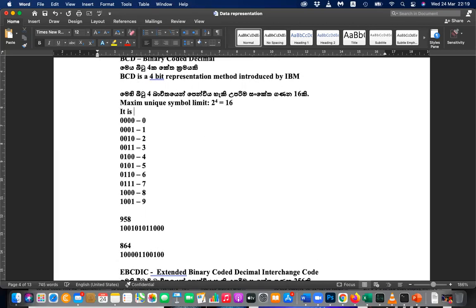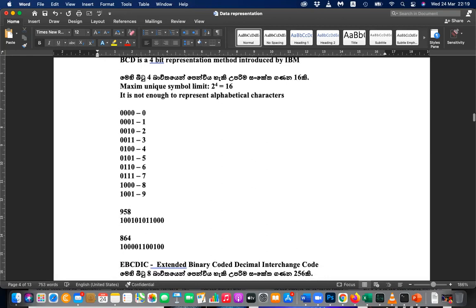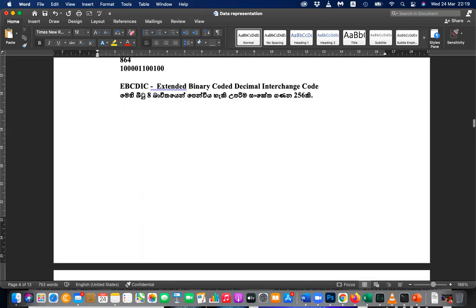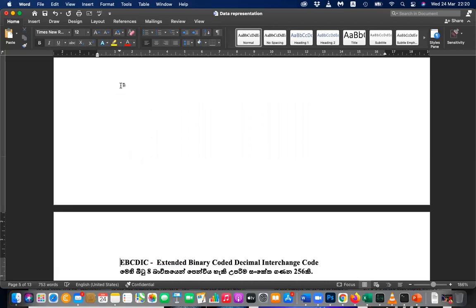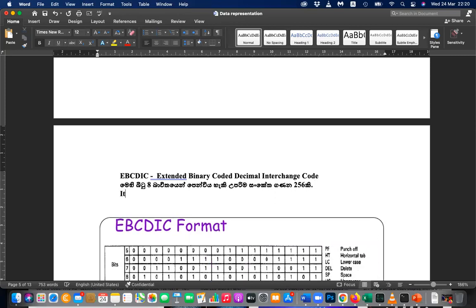It is not enough to represent letters or alphabetical characters. Therefore, the same people introduced another one with 8 bits, which is called EBCDIC. The EBCDIC advantage is that it has 8 bits.